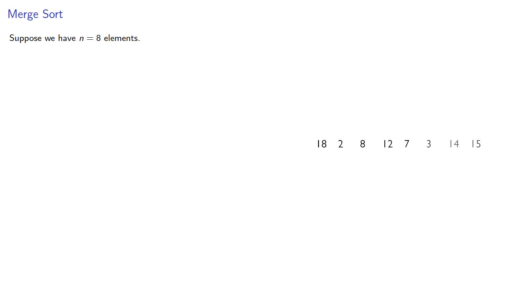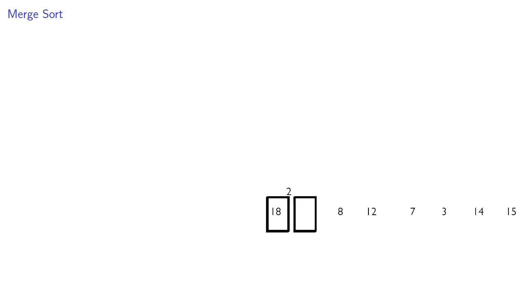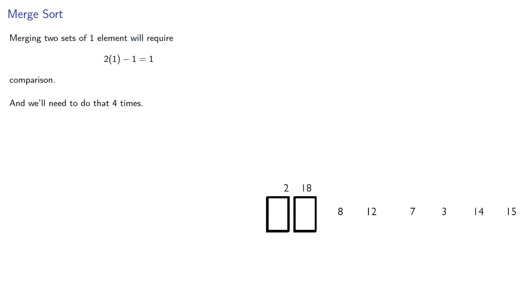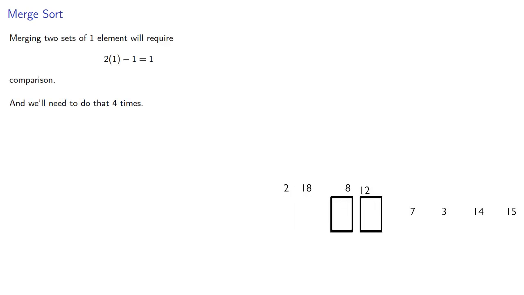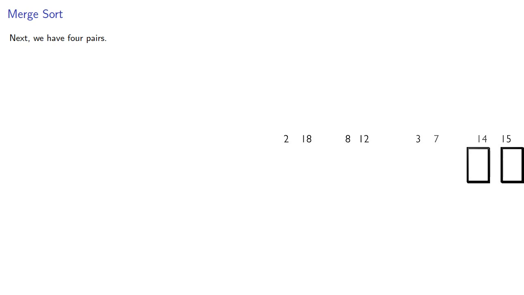So suppose we have n equals 8 elements. We'll break this down into 8 sets of 1 element, then merge them back. Merging 2 sets of 1 will require 1 comparison, and we'll need to do that 4 times. Next, we have 4 pairs.